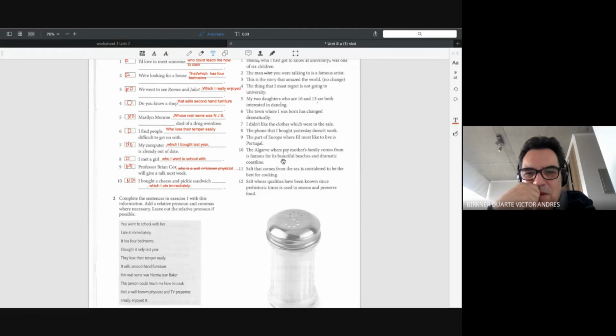Can we omit the pronoun? What do you think? Can we say the Algarve, my mother's family comes from, is famous for its beautiful beaches and dramatic coastline? What do you think?